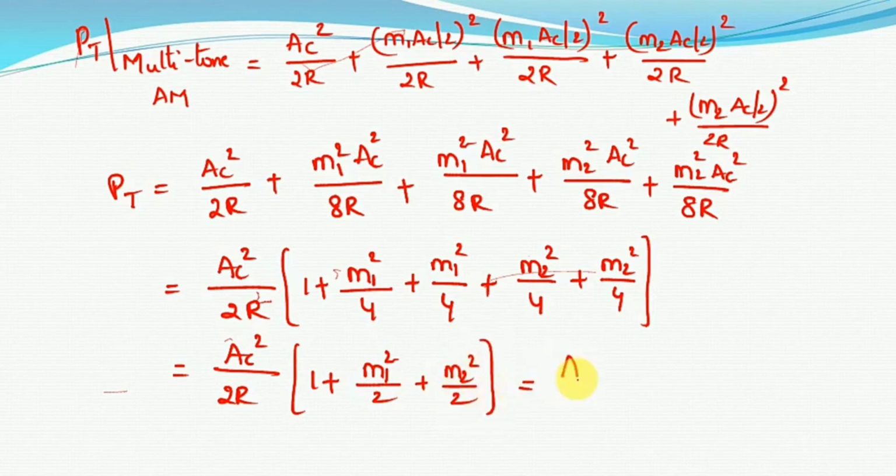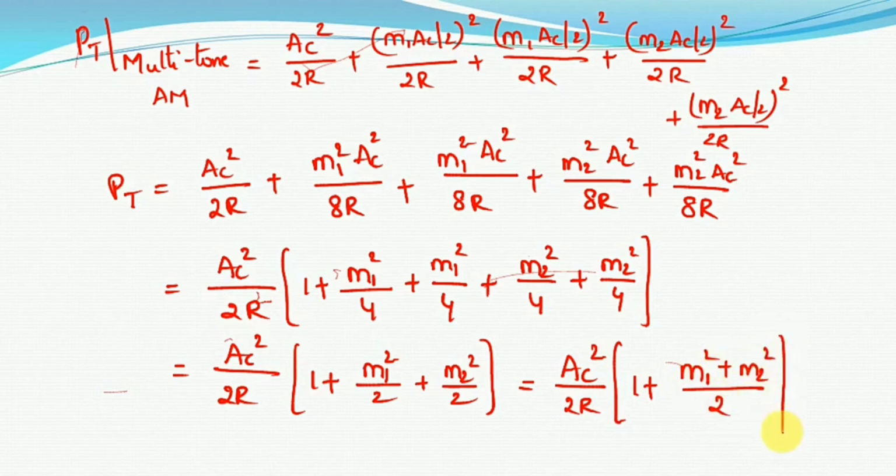So in simpler form, it is AC square by 2R into 1 plus (m1 square plus m2 square) by 2. This is the total power of a multi-tone AM signal, considering that the message signal has two frequency components. Now we can write m1 square plus m2 square as mt square.